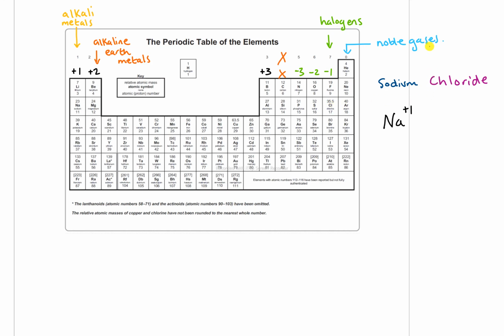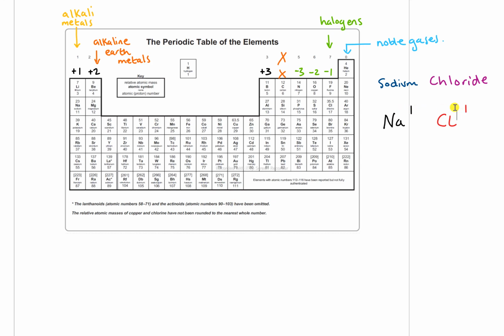So I'm going to put chlorine. And it's a -1 ion. Now, like I said, I'm not interested in these signs yet, so I'm going to ignore them. Let's pretend they don't exist.